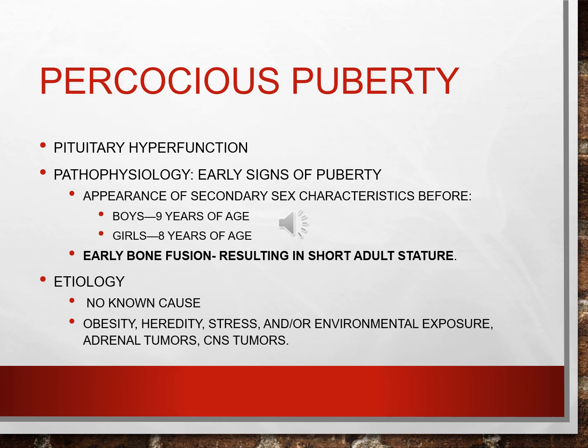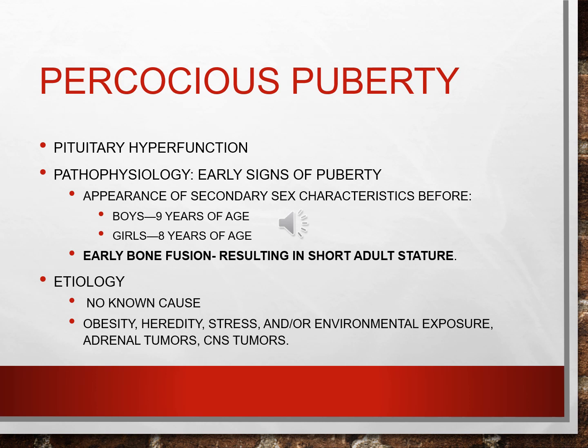As far as etiology, a lot of times these kids will have some bone fusion resulting in short adult stature if it's not caught early on. There are no known causes.